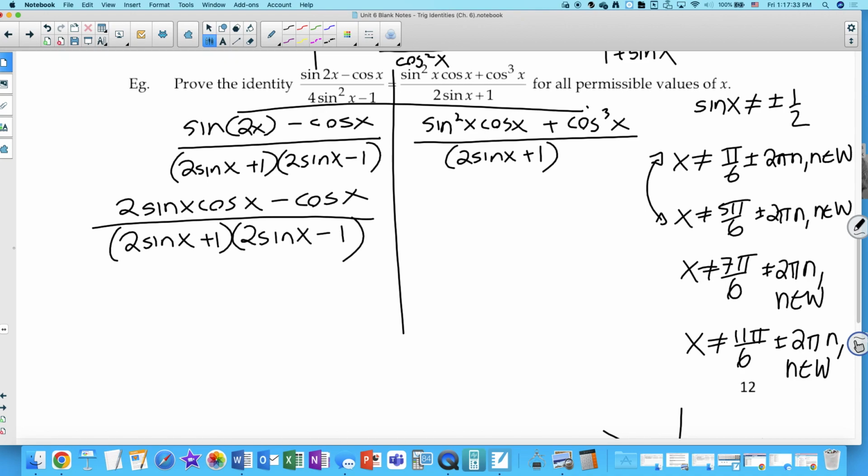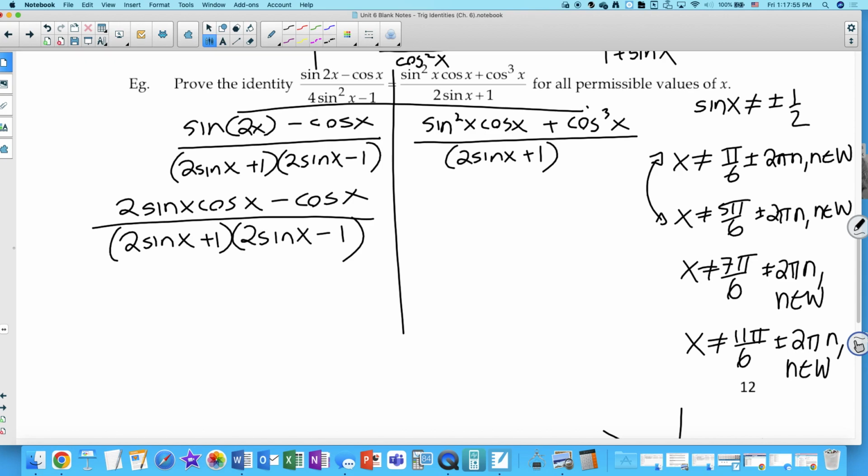So I'm kind of looking at both sides simultaneously and seeing some similarities. You could factor out a cosine. Yeah, actually on both sides, right? On the left side, there's a GCF of cosine x. That's also true on the right. So you could work on one of these at a time, but I would do both, right?